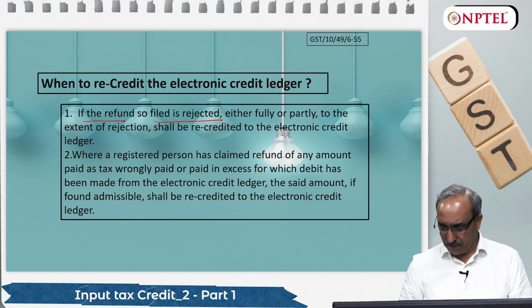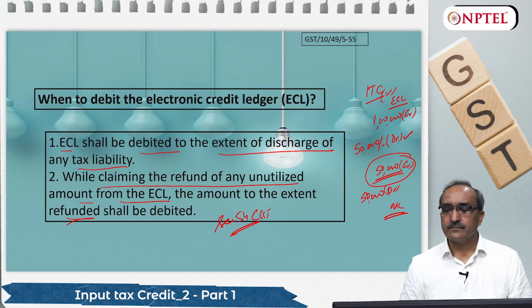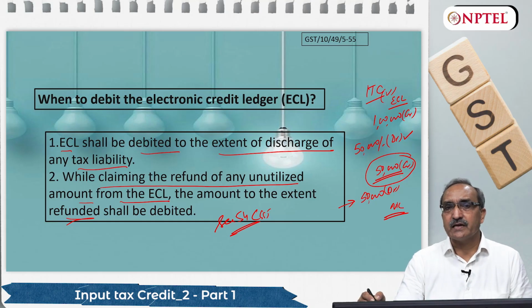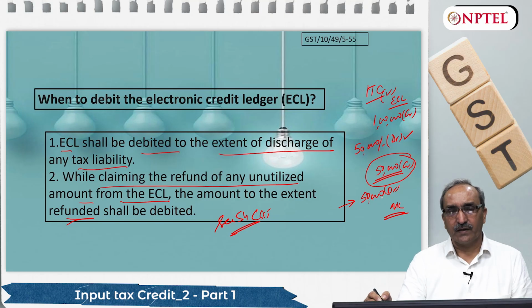I told you in my previous slide, if you have exported the things, you will get the amount balance back. At the time of claiming your refund out of this amount, when you file your refund application, your credit ledger will be debited automatically.